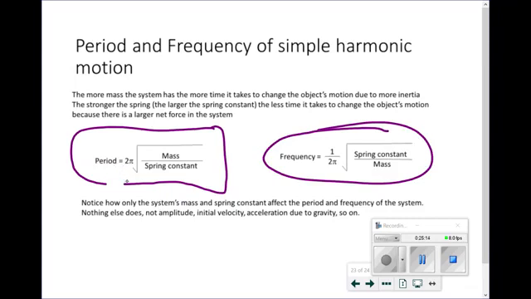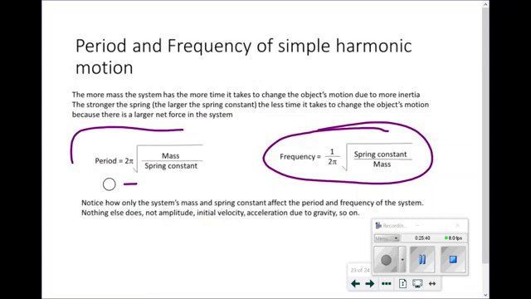Please notice though, more mass means more inertia, more resistance. It takes more time to get going. More spring constant means more force, more strength, more acceleration. So it's faster to get going and it takes less time to vibrate. That's really the cornerstone concept here with this equation.